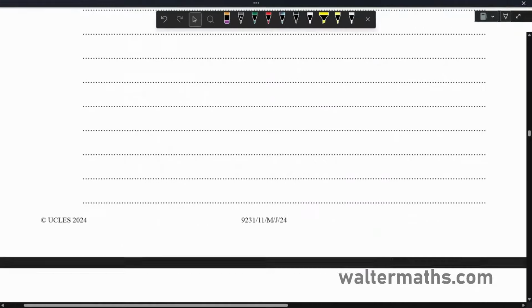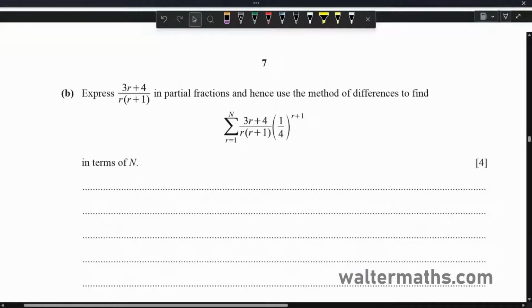Let's move on. Part B says, express 3r plus 4 over r of r plus 1 in partial fractions, and hence use the method of differences to find the sum to n of 3r plus 4 over r of r plus 1 of a quarter to the r plus 1 in terms of big N. Alright.